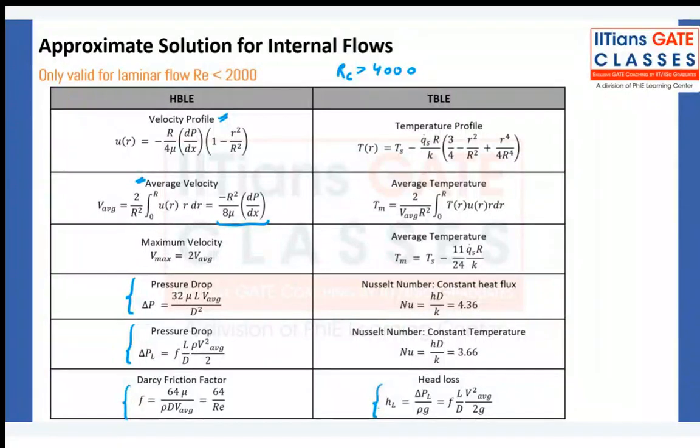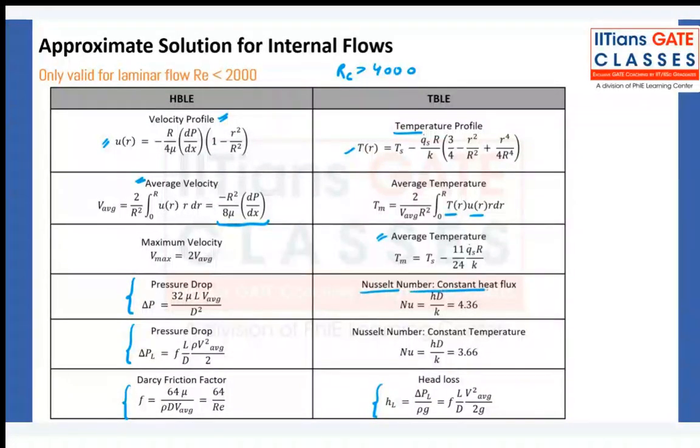Okay, then we came to the thermal boundary layer. So this was my temperature profile. An average temperature I can calculate by using T(r), which is this one, and u(r), which is this one, and we have to integrate it from 0 to R. So this is my mean temperature. More importantly, Nusselt number remains constant in this case.